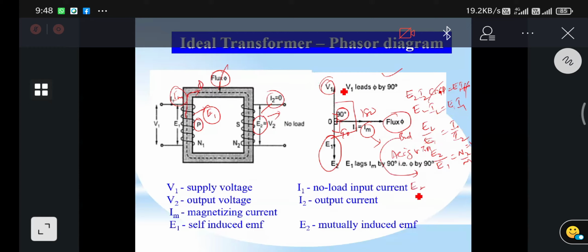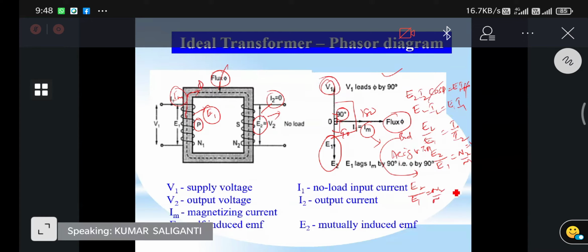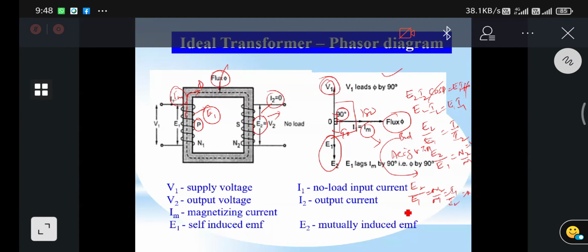So finally we will write here E2 by E1 equal to N2 by N1 equal to I1 by I2 equal to K. So from the ideal transformer you can get this relation. Based on this relation we can say that the primary and secondary currents are inversely proportional to their respective turns.